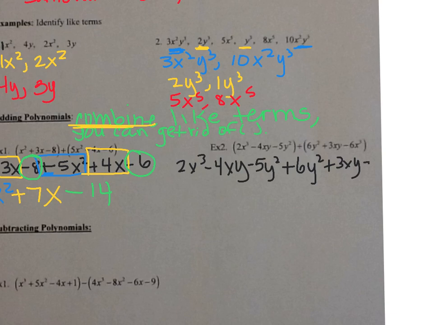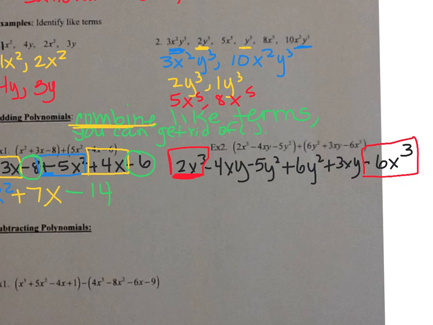Minus 6x to the third. Okay, so let's look for like terms here. So I'm going to start off with, I have an x to the third. I'm looking for another x to the third. And I see it down here, and that's a negative 6x to the third.